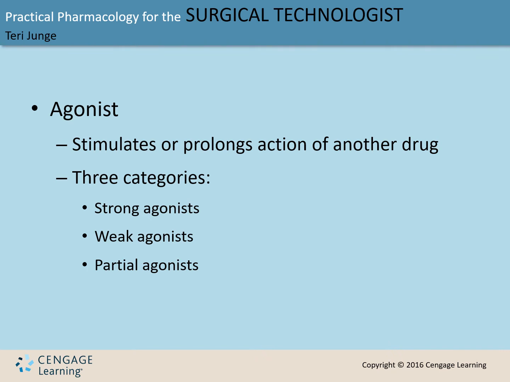So better diffusion means they're going to get a better effect of the drug. There's going to be a faster onset, right? And it's going to give better numbing action because it's going to be evenly distributed throughout the tissues. So that's a really good example of an agonist.